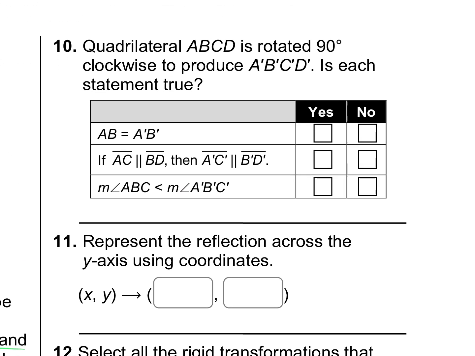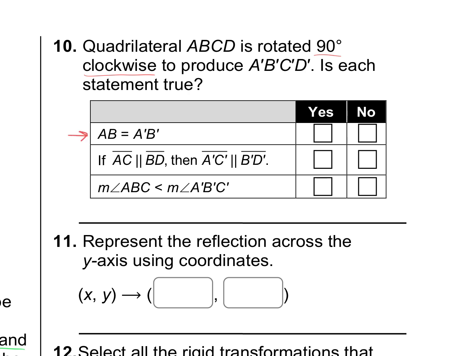All right, jumping up to number 10. So number 10 here, it's talking about a quadrilateral. What's a quadrilateral? Four-sided shape. So quadrilateral is rotated 90 degrees clockwise to produce A, B, C, D prime. Is each statement true? So we're thinking about a rotation.